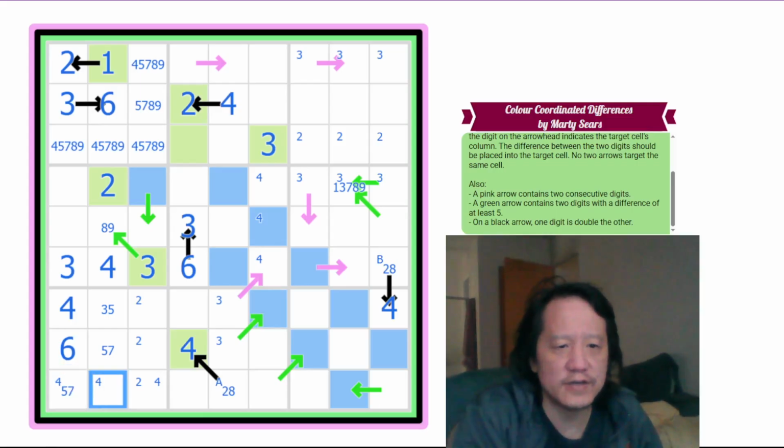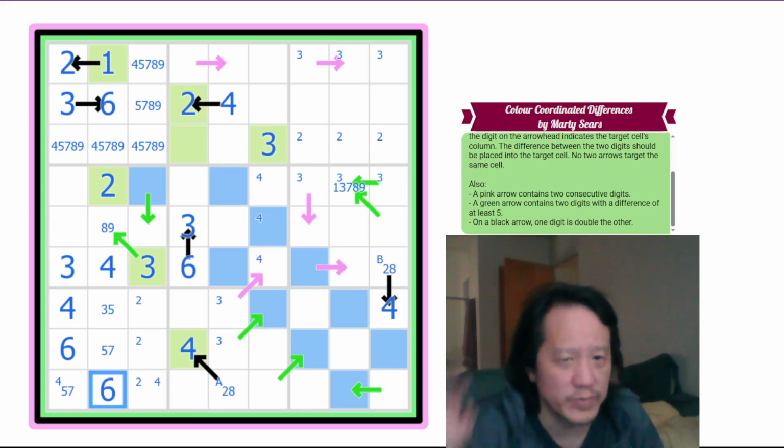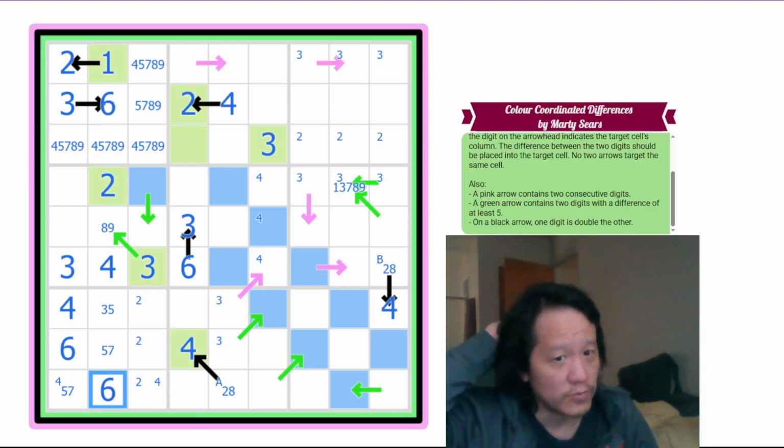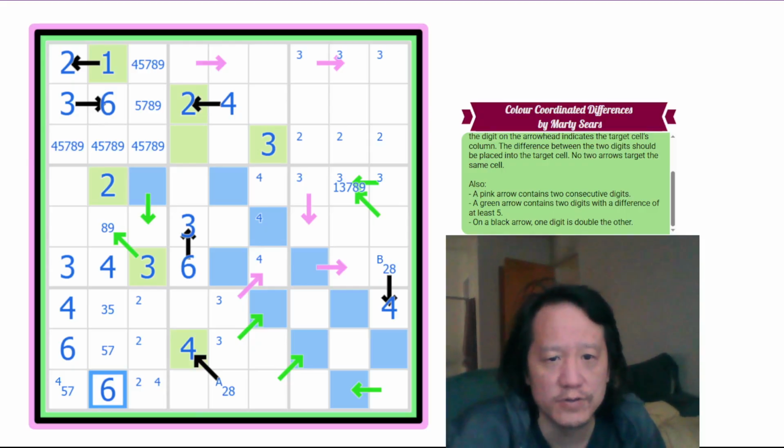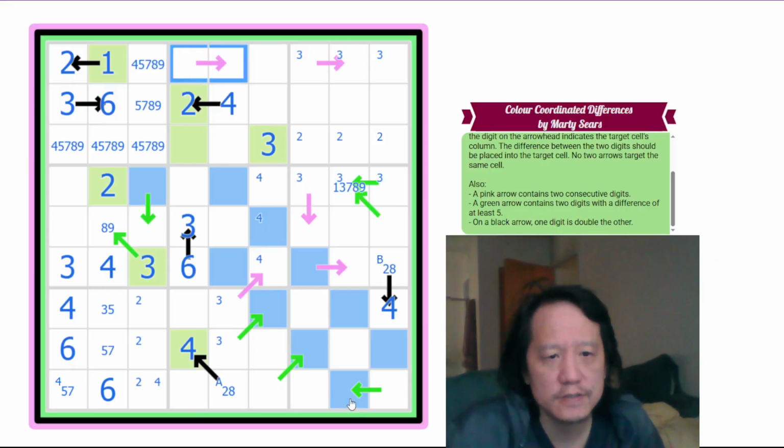So 5, 7 with 6. Okay, so those are the ones we know for certain. And then we have another one with 8 for the consecutive digits. So we have a guaranteed 3, 4.